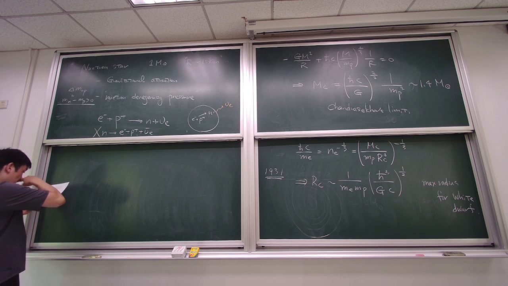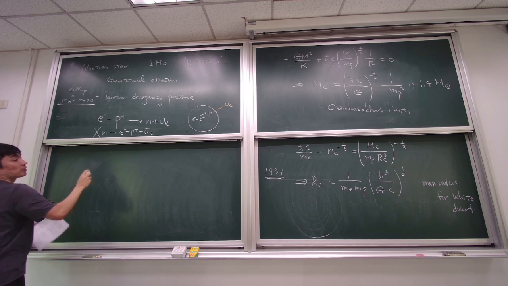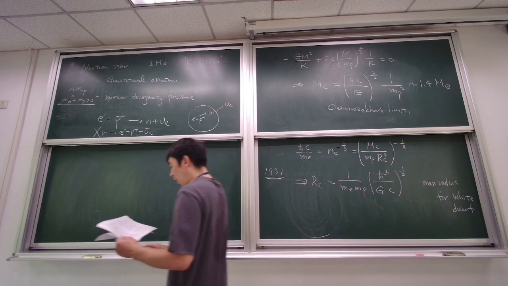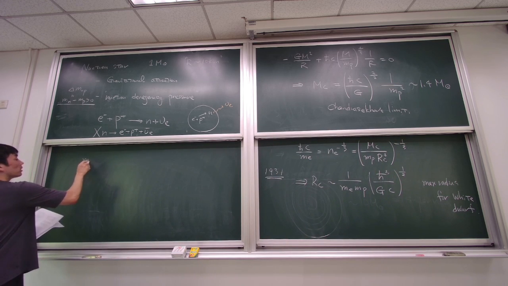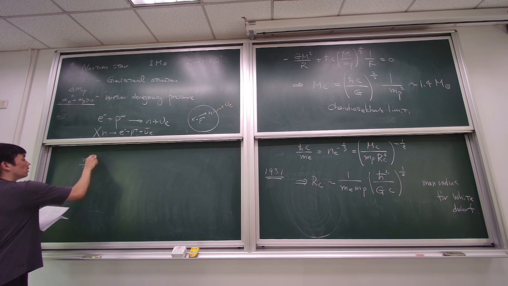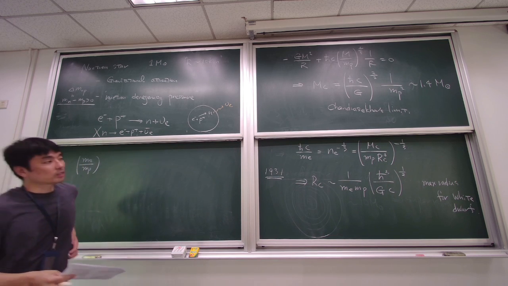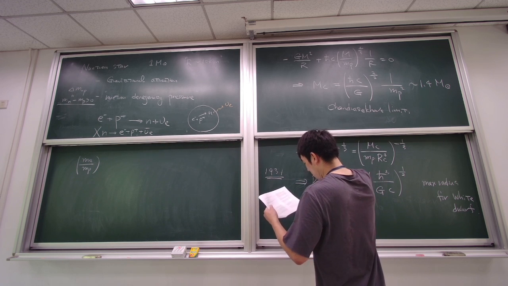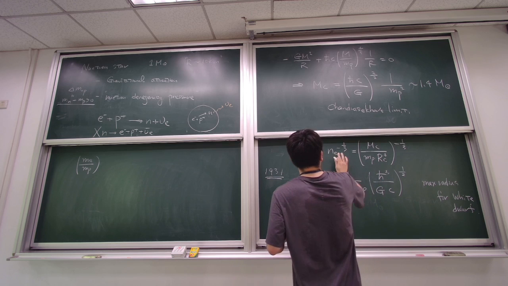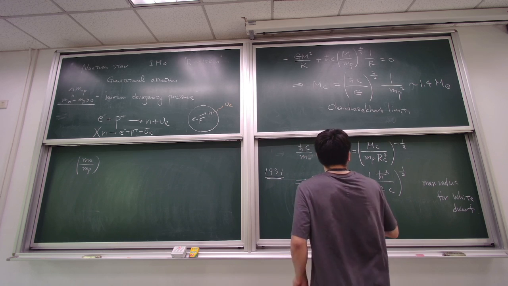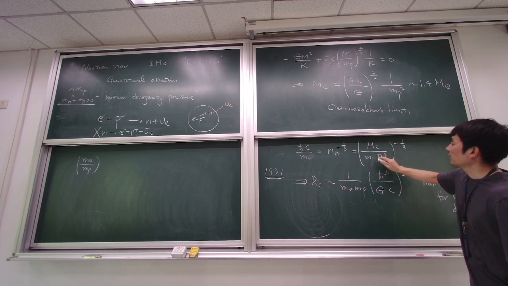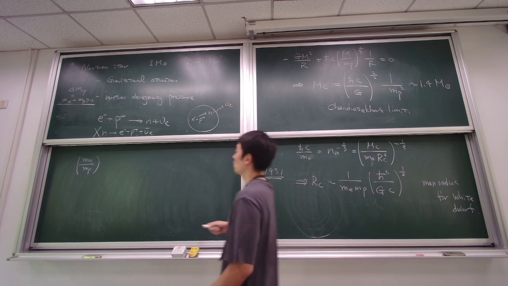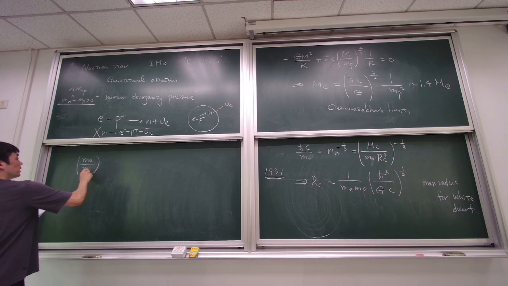And if you make a rough estimate of the radius of the neutron star, we can do the following. You have to make it so that this is neutron and this is neutron, and the neutron and the proton are almost the same size.